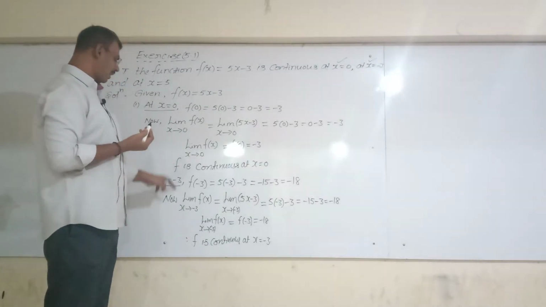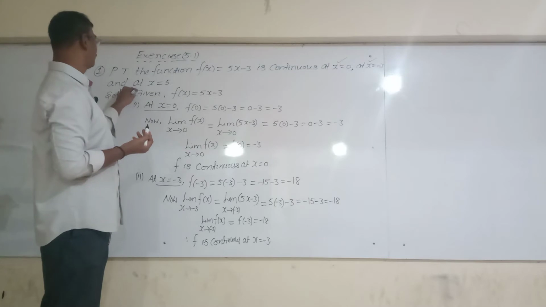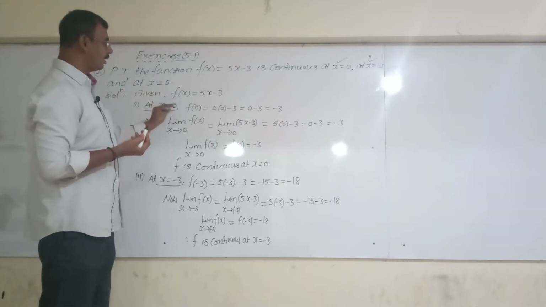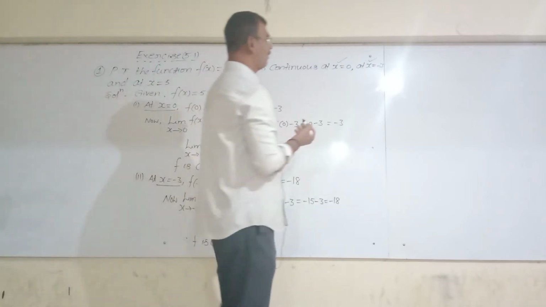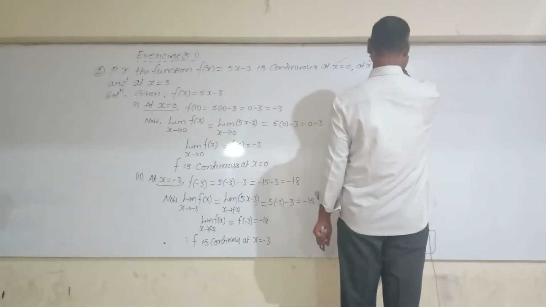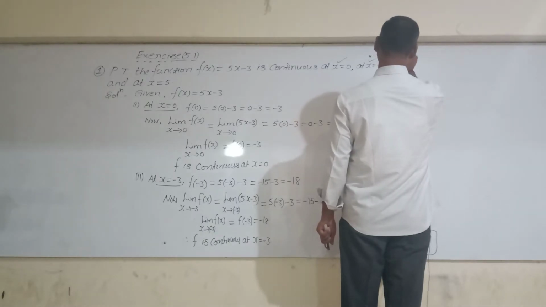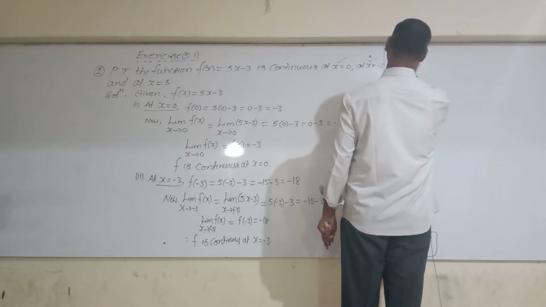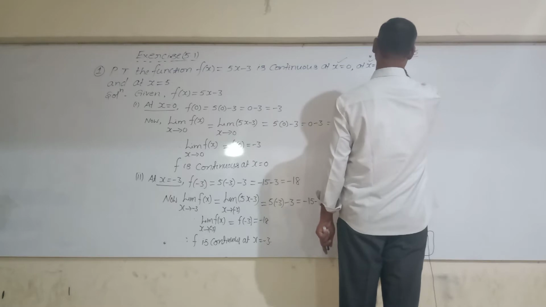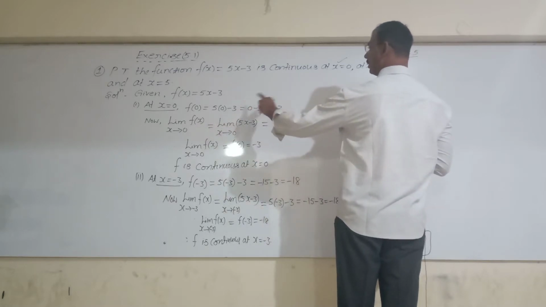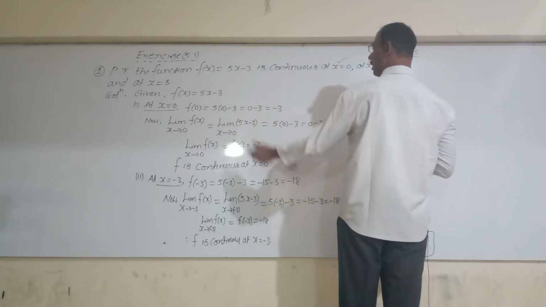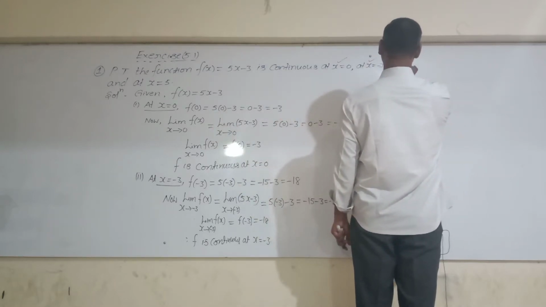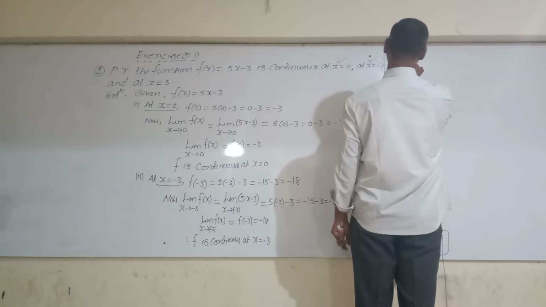In exactly the same manner, prove it at x equal to 5. So x equal to 5 is the third one. In this problem, firstly we have to calculate f of 5.